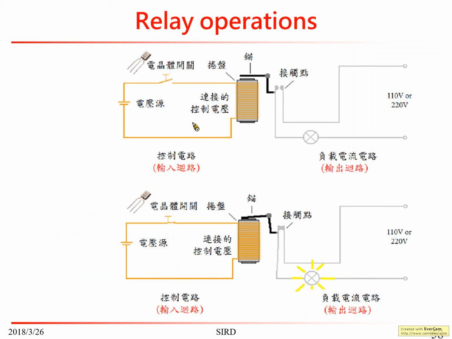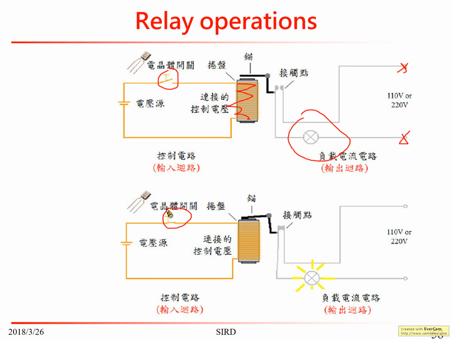So when you do not supply power here, and this is open or broken, there's no magnetism in this coil. So this point and these points do not become a loop.